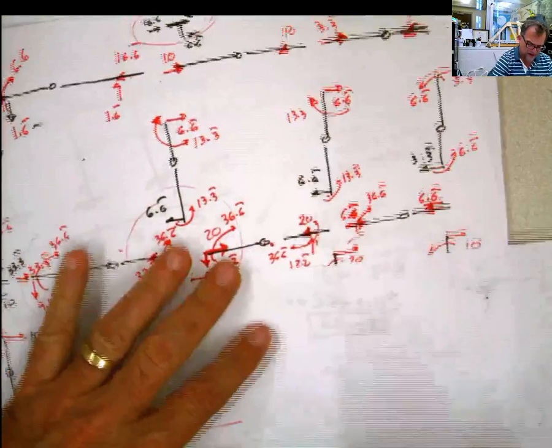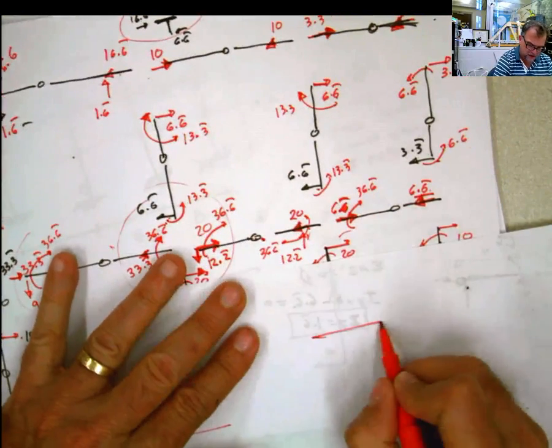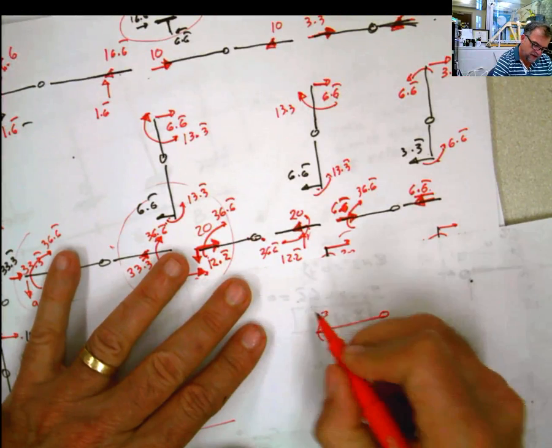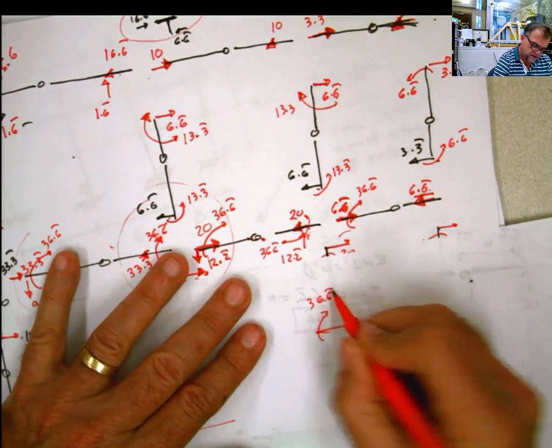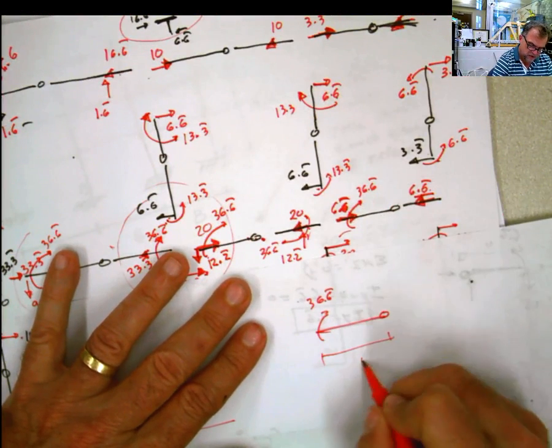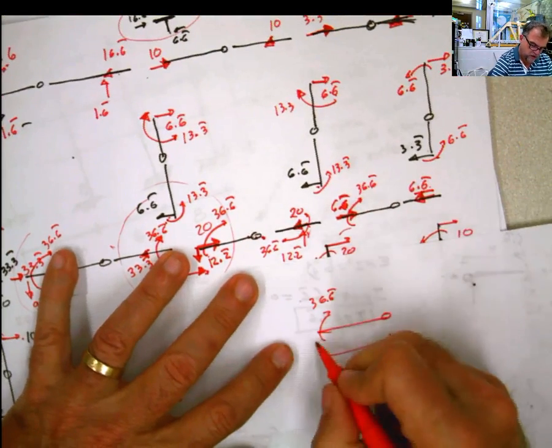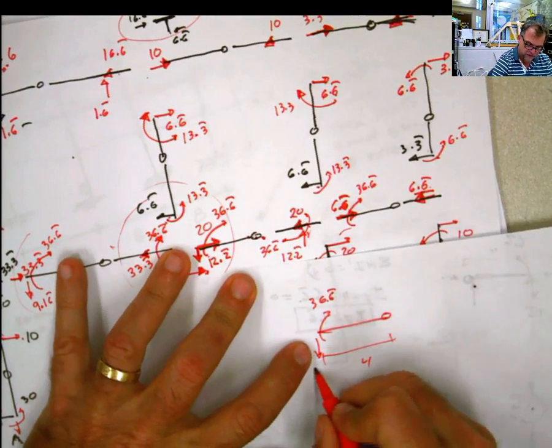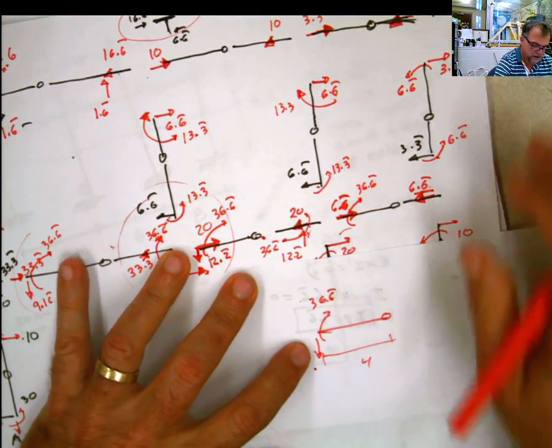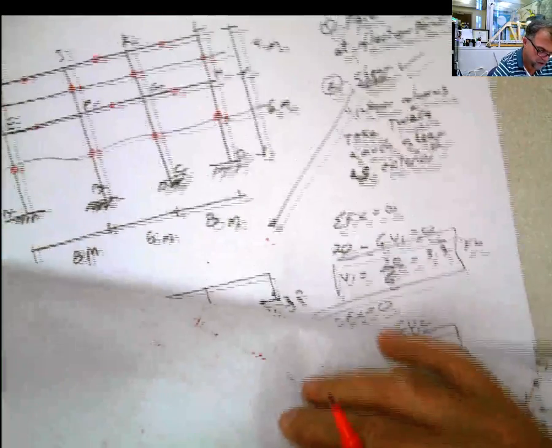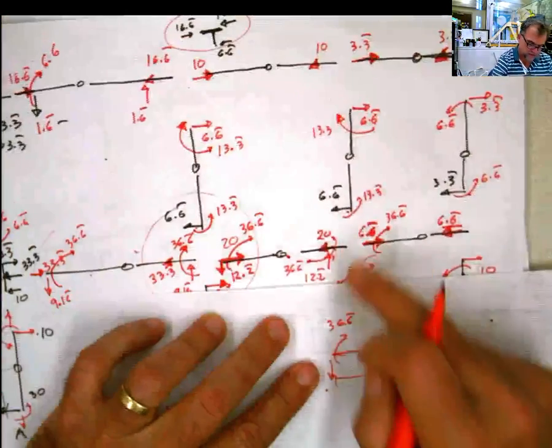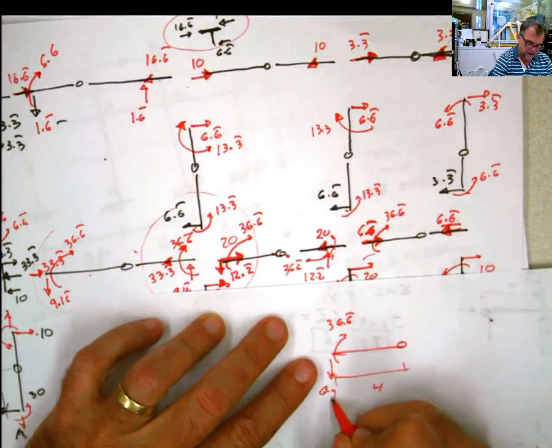I'm gonna do it again here for this part, just in case you are getting lost. So I have this 36.6, and this distance is 4. So if I need to know the value of this force, I'm gonna call it, I don't even remember what joint I'm working. This is joint G, so this is gonna be GY for saying something.